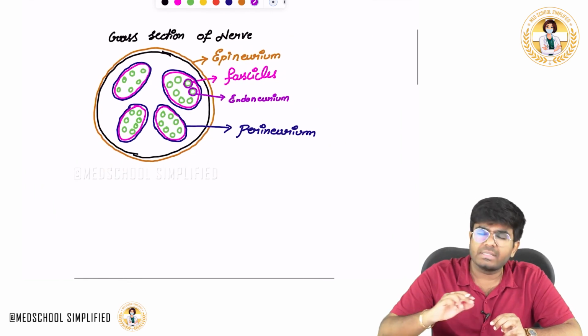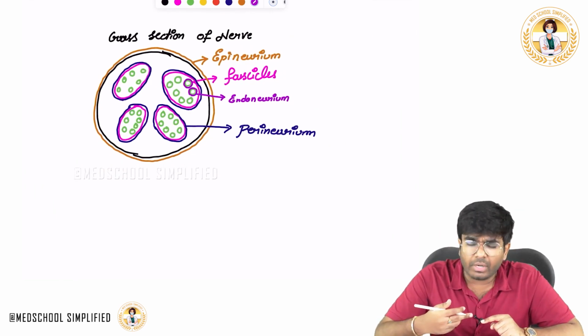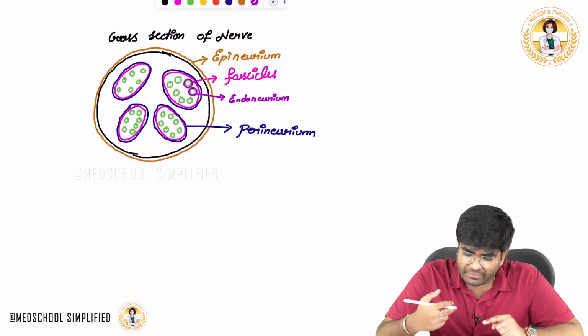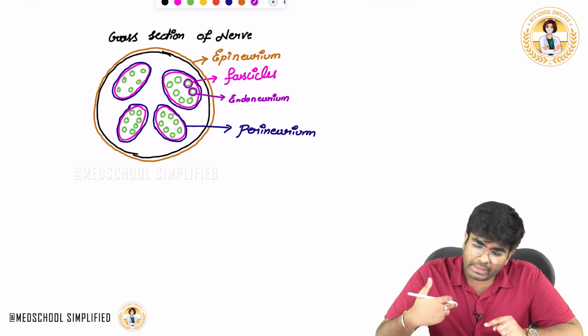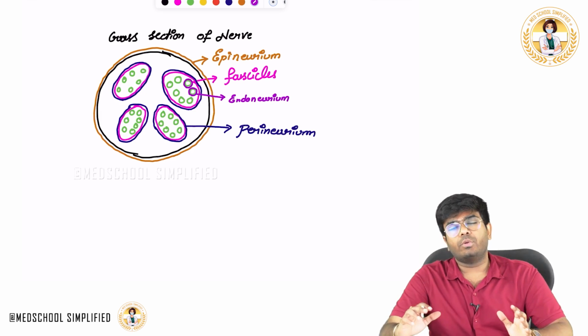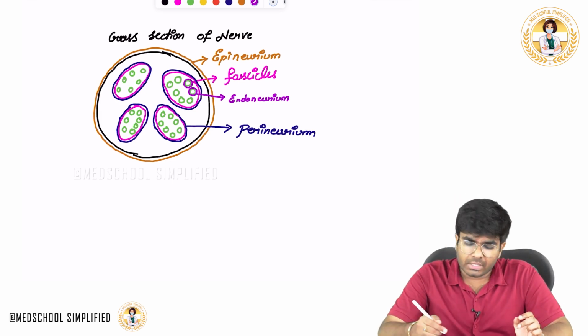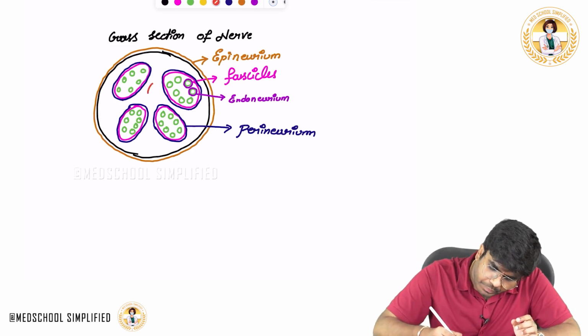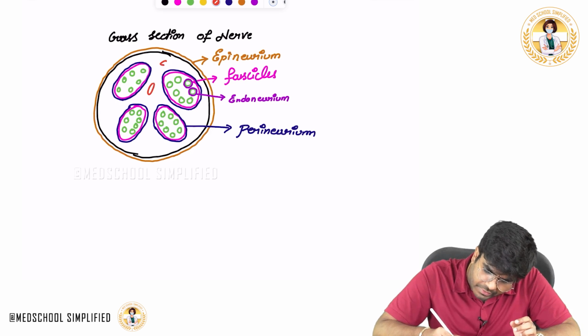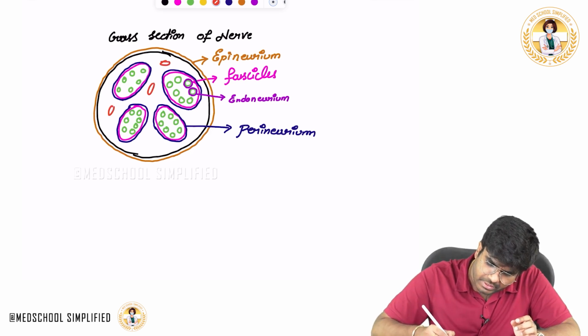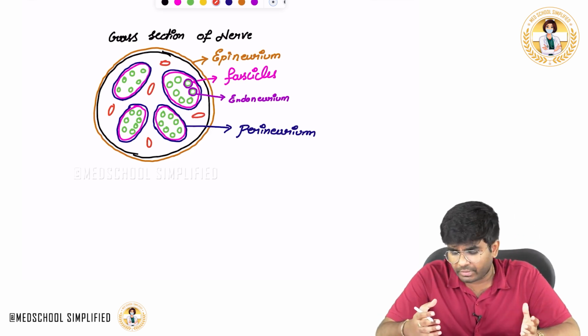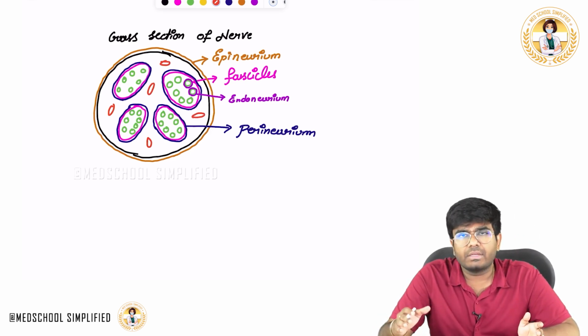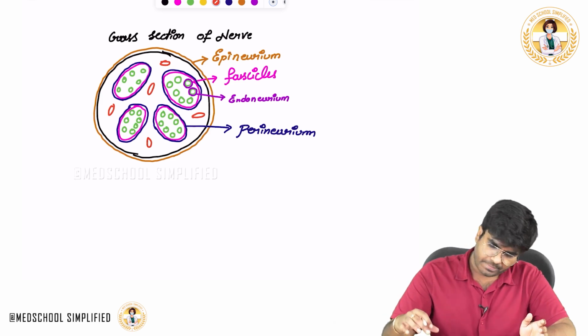So finally I can say something like this: nerves are surrounded by epineurium, the fascicles are surrounded by perineurium, and the axons are surrounded by endoneurium. So this is the basic architecture, and in between the fascicles there are blood vessels present. These blood vessels give the blood supply to the fascicles, and from there to the axons.